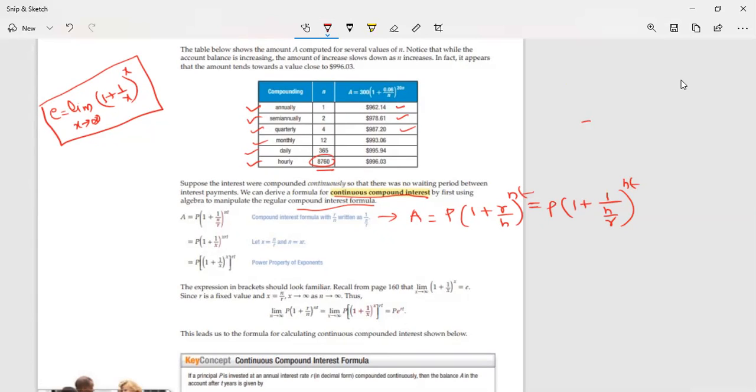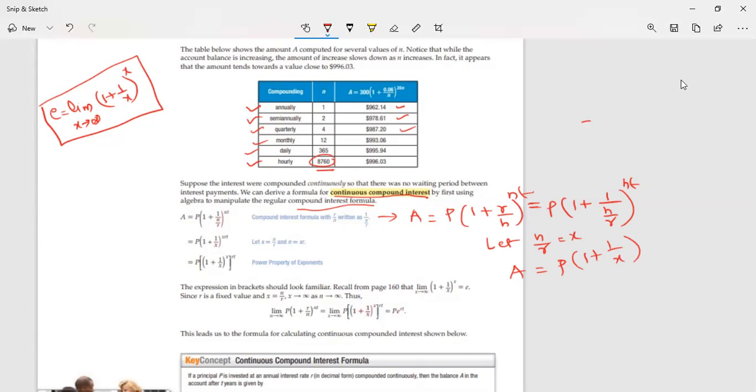Now, if we put N upon R equal to X, then this amount will become P into 1 plus 1 by X. Here you can find the value of N. N is equal to what?